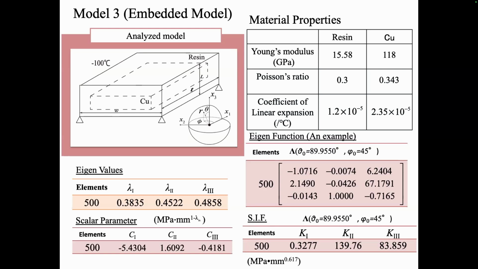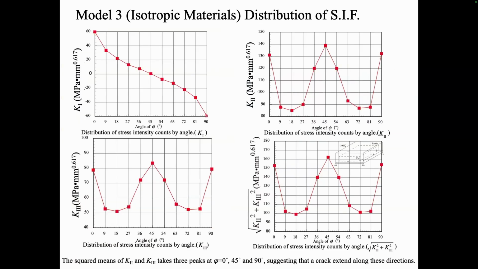So we can obtain the distribution of the stress intensity factors on the copper. In this case, we only focused on the upper surface of the copper, and this is the result. We can obtain the distribution of the stress intensity factors K1, K2, K3, and the squared means of K2 and K3.